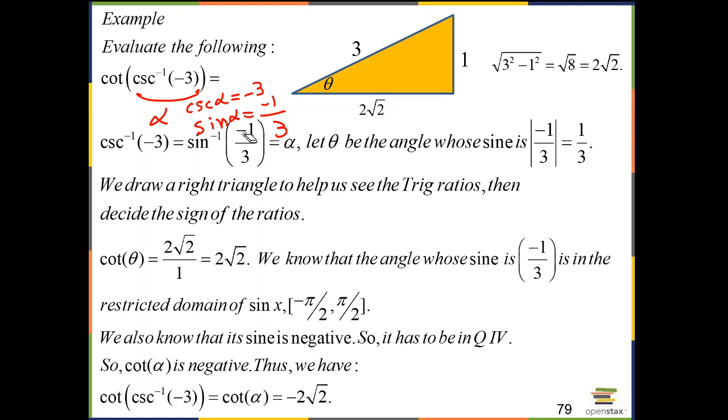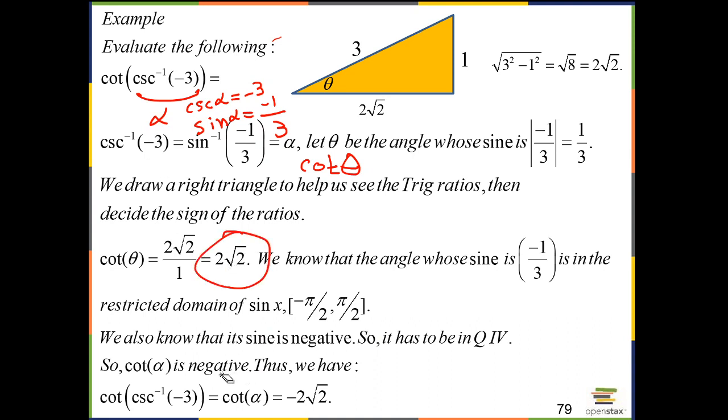But we're going to think of another angle, the reference angle for alpha, which is theta, whose sine is not -1/3 but is +1/3. So here you go. Then we set up this rectangle. Then we have all three sides. Now we find cotangent of theta instead of alpha, right? And then that gives us the value of it.